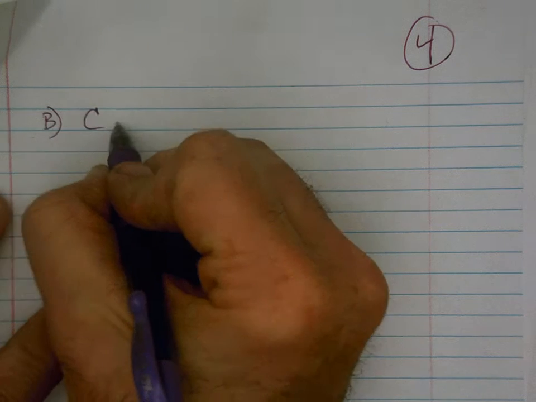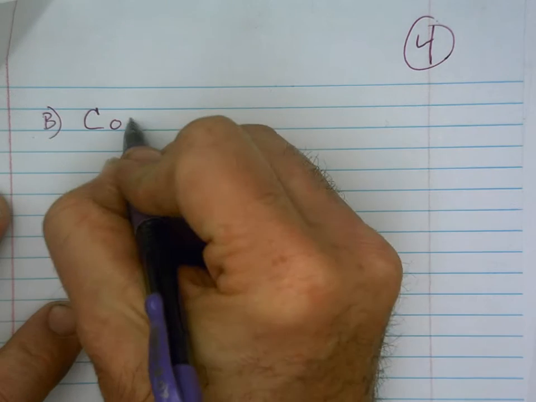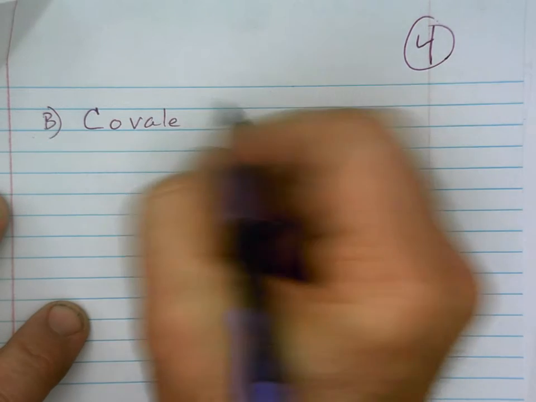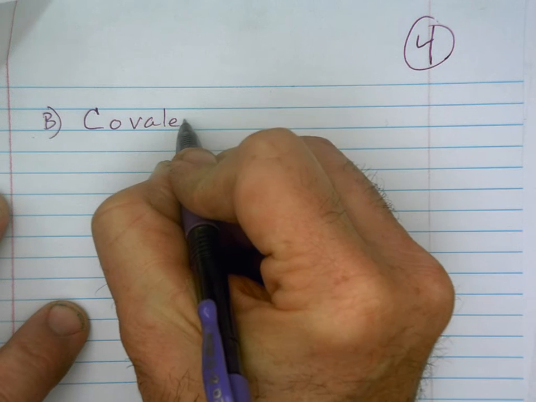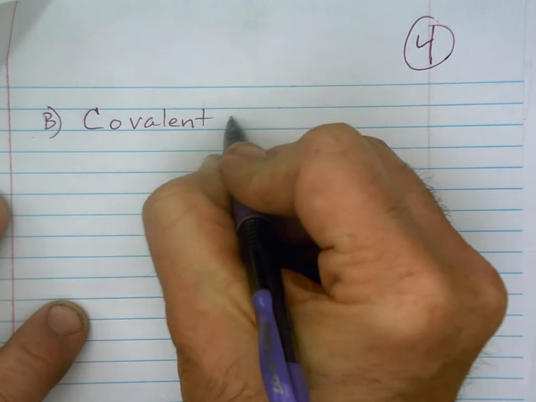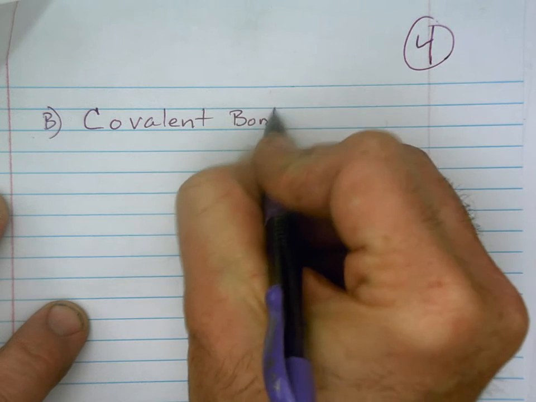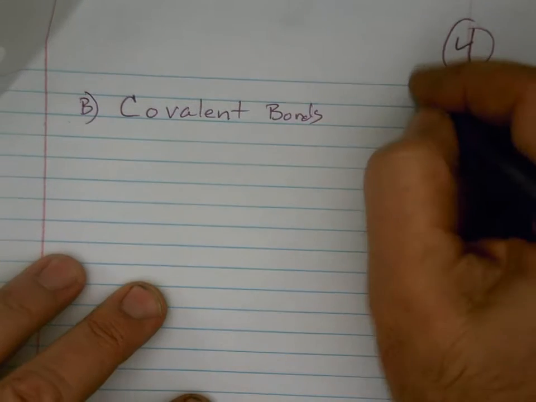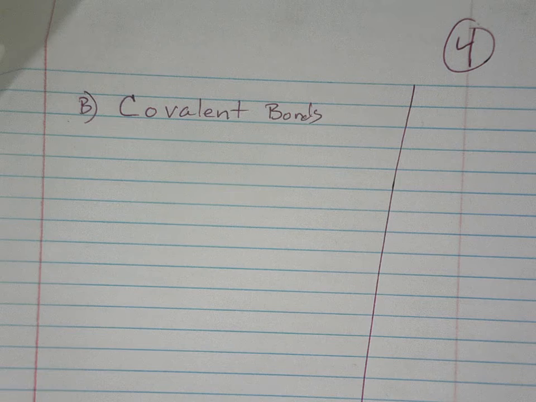So cooperative, valent, the outer electrons in the shell, covalent bonds. Draw a line here so we have a review section on here.